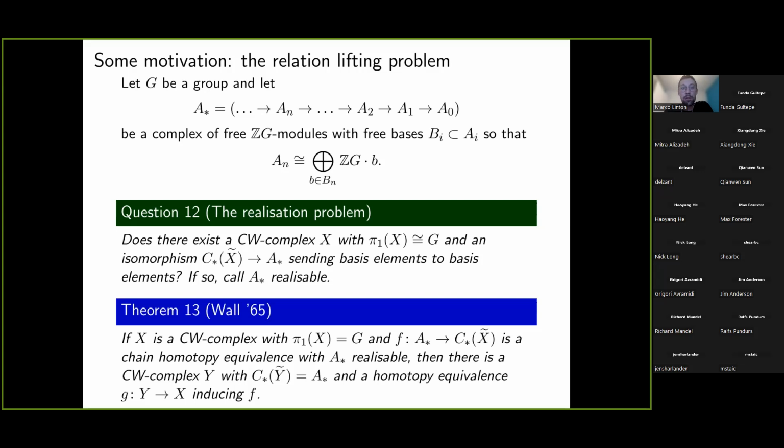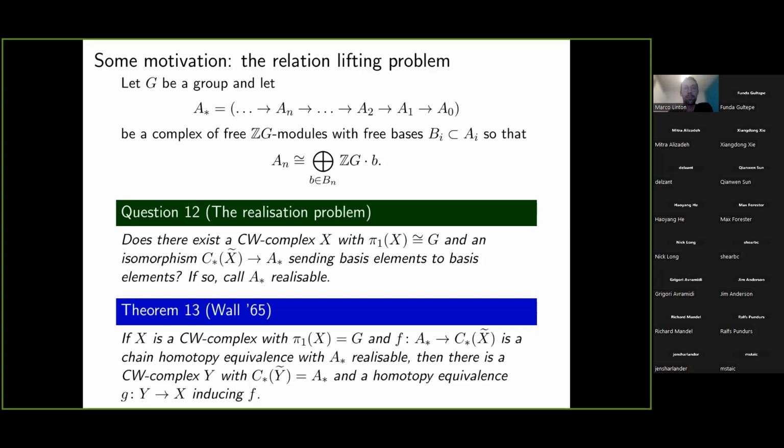This would be interesting, for instance, if you wanted to detect whether X was homotopy equivalent to a two-dimensional CW complex, because if the chain complex of the universal cover is chain homotopy equivalent to something of dimension 2, then your CW complex admits a homotopy equivalence to a two-dimensional CW complex. But there's one caveat: you want this A star to be a realizable chain complex.